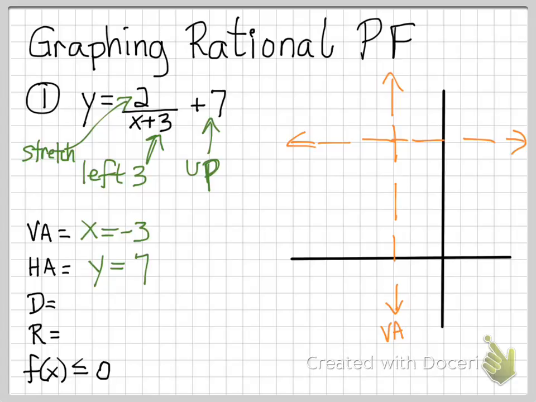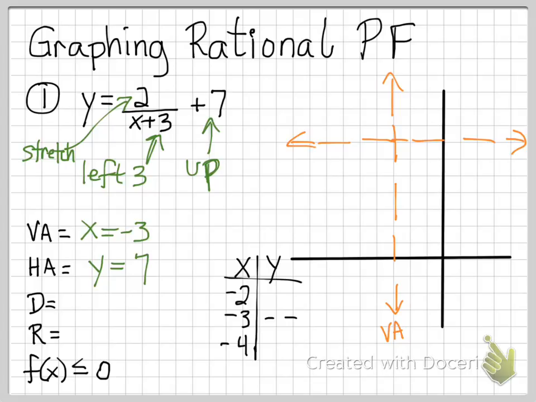So look at where your vertical asymptote is. It's at -3. So we want to pick 2 points. We know -3 is an asymptote. Well, let's look at what's happening at -2 and at -4, immediately to the left and immediately to the right.